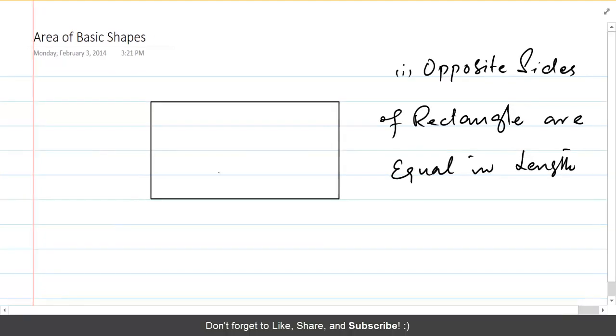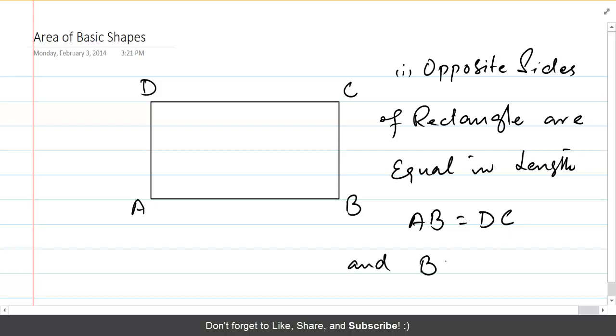So it means if this rectangle has vertices named A, B, C, and D, then AB is equal to DC and BC is equal to AD.